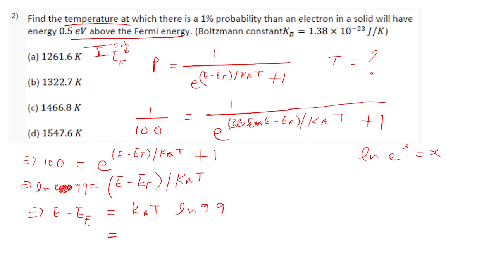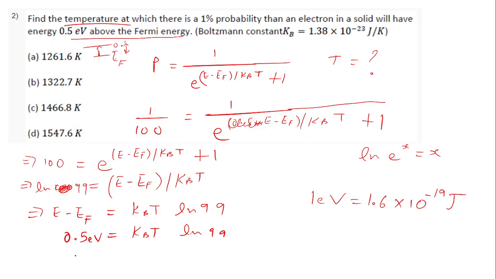E minus EF is given as 0.5 electron volt. So 0.5 electron volt is equal to kBT natural log of 99, and I need to convert because kB is in joule per Kelvin. So I will convert electron volt into joules, and 1 electron volt is 1.6 times 10 to the power minus 19 joules.